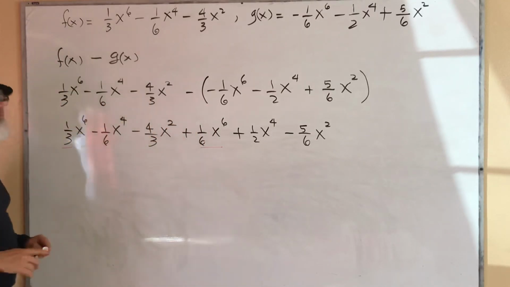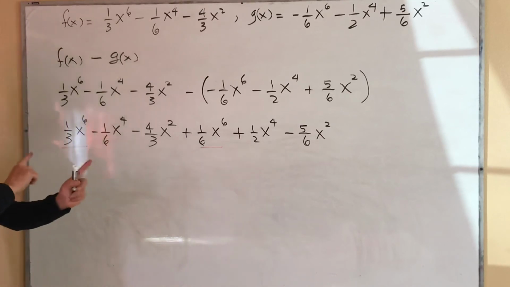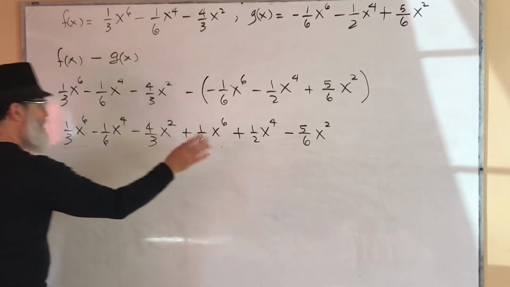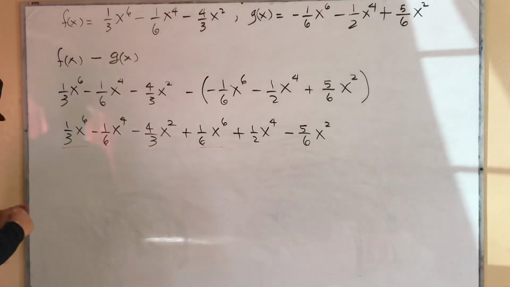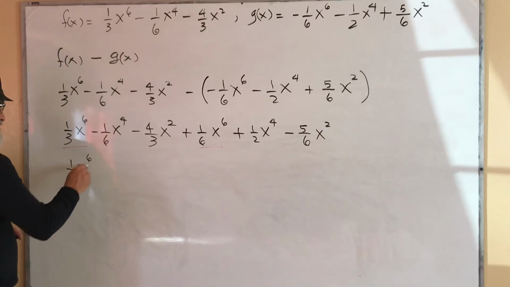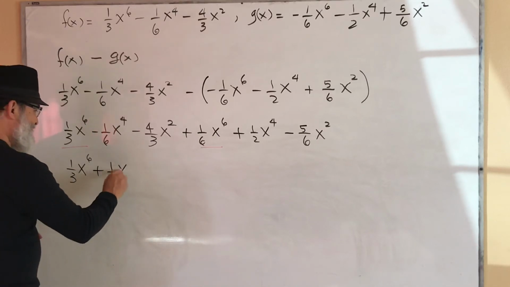Commuting over addition allows you to move terms anywhere you want. So I'm gonna take this term and bring it over. So this is 1/3 x to the 6 plus 1/6 x to the 6.